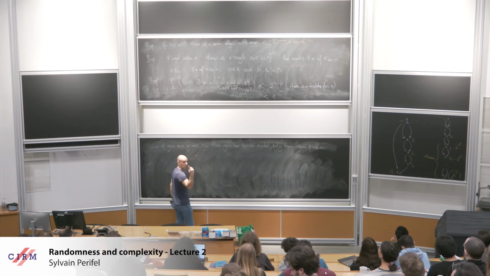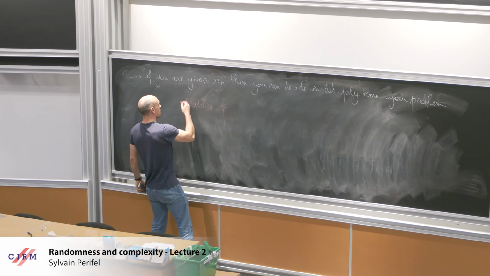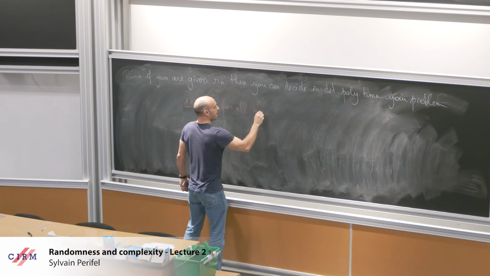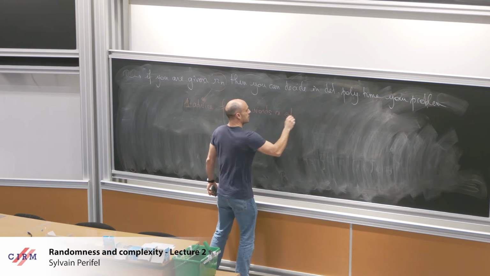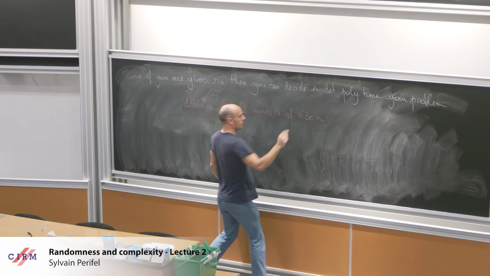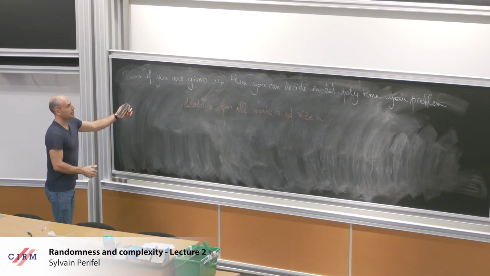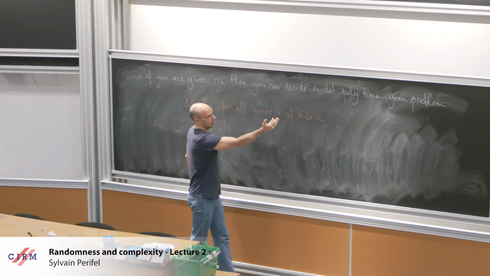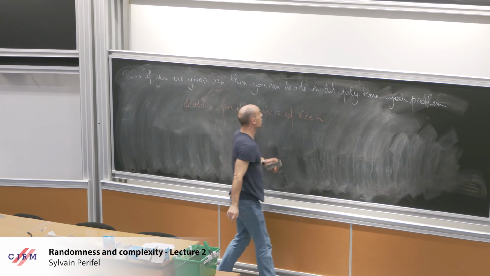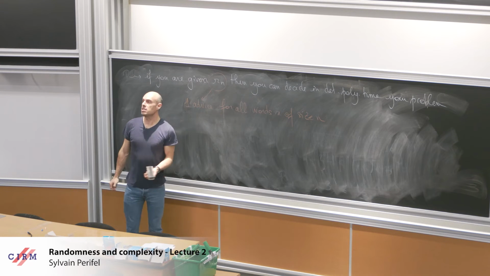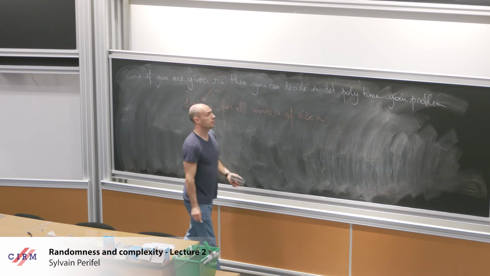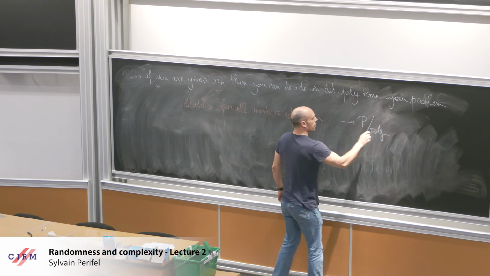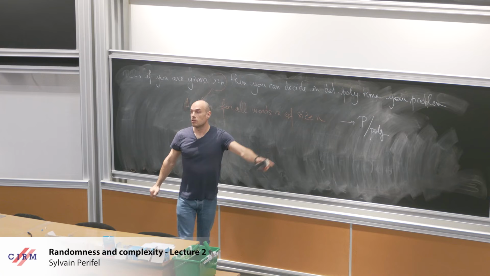And it works, this is one advice for all words x of size n. Okay? And this new class, where you can decide something in deterministic polynomial time with an advice of polynomial size for each length, is called the class P/poly. So think of P with an advice of polynomial size.